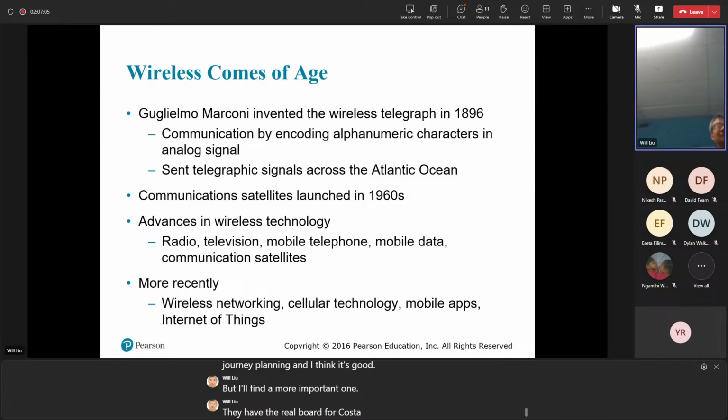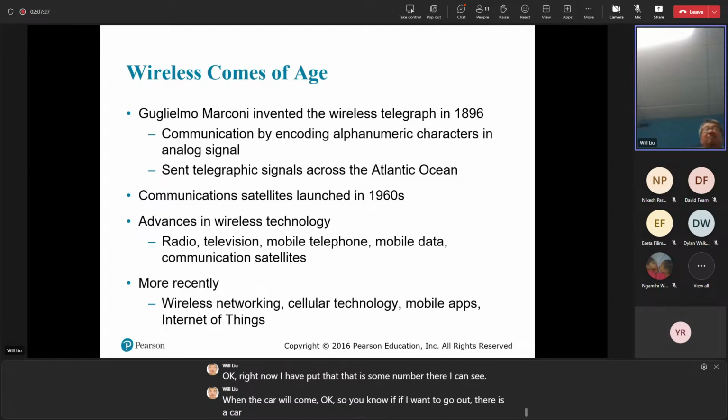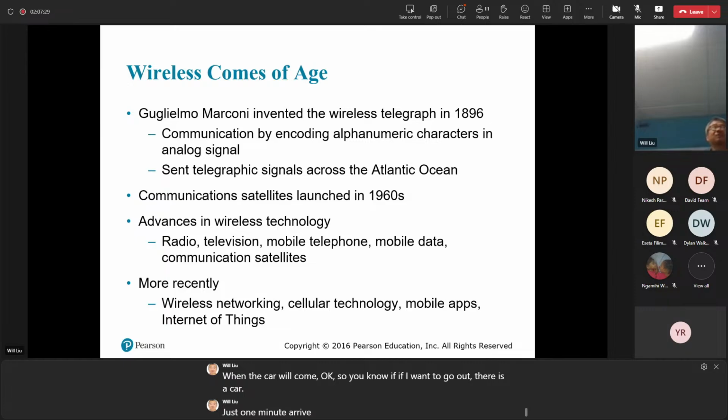Have you used that? If I know the bus stop beside my flat, I can put that stop number in and see when the bus will come. If I want to go out and there is a bus arriving in 1 minute, there's no sense in chasing it, right?